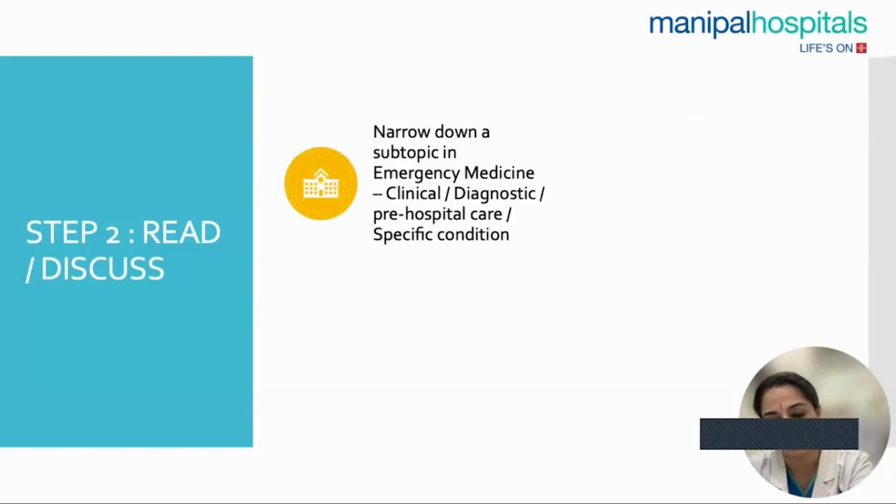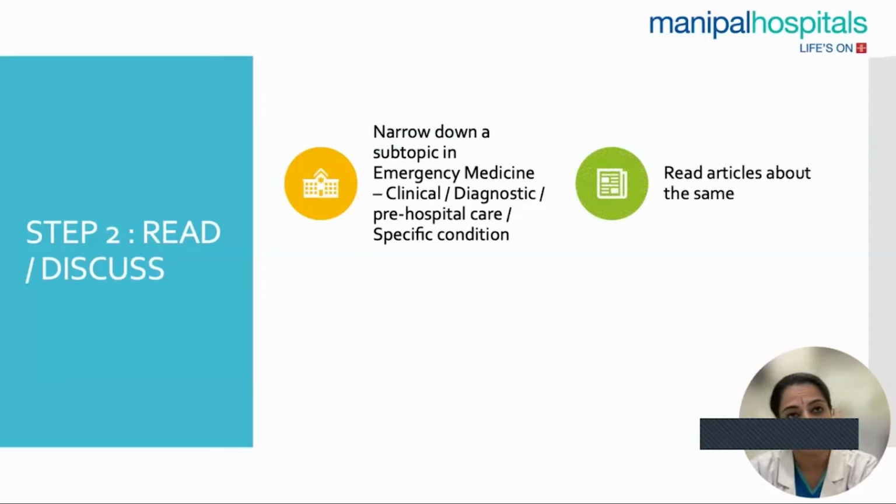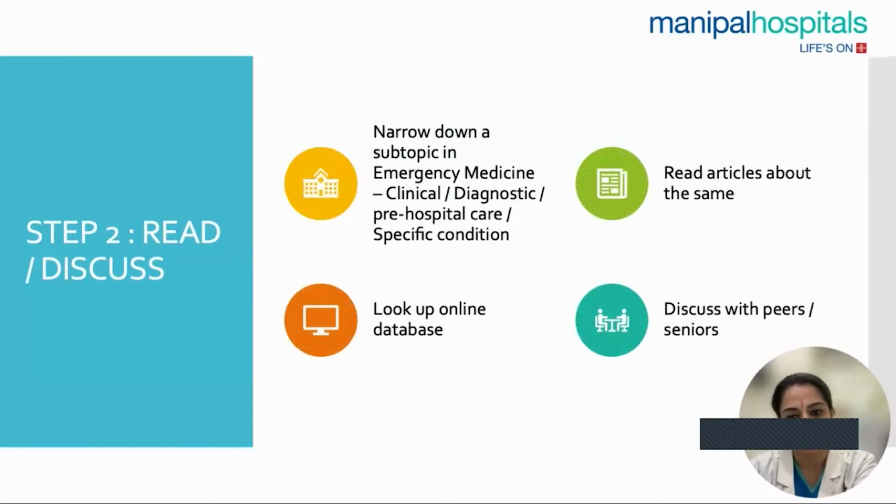Or would you like to do it on a particular condition like say stroke or MI or heart failure or trauma, diagnostics like POCUS, ultrasound, or any point of care test, or would you like to do anything with radiography? So you decide what topic you'd like to do and read articles about the same. Also, you can look up online databases and discuss with your peers and seniors.